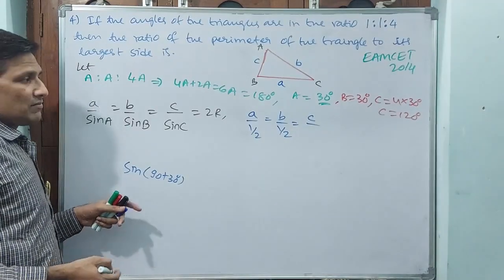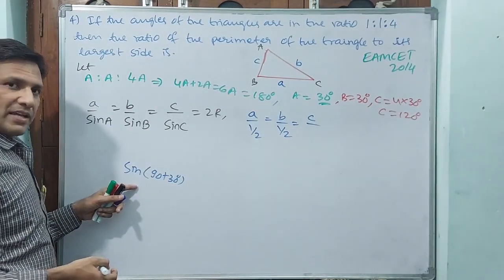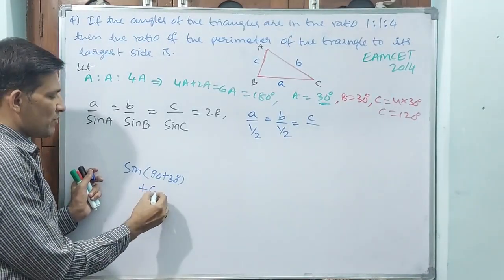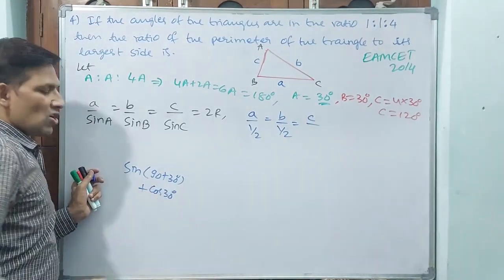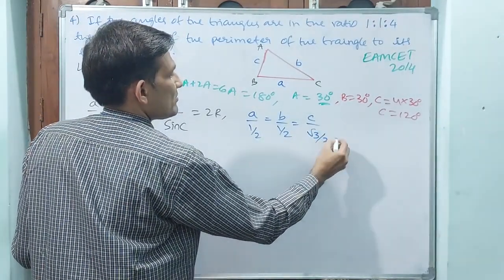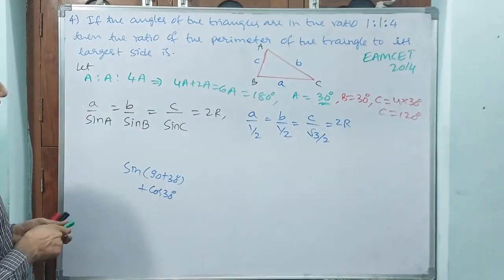So I take like this, 120. Second quadrant, sine positive. Because of 90 degrees, this is going to become cos 30 degrees. Cos 30 means root 3 by 2 is equal to 2R. Okay?